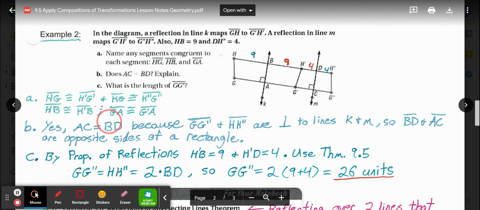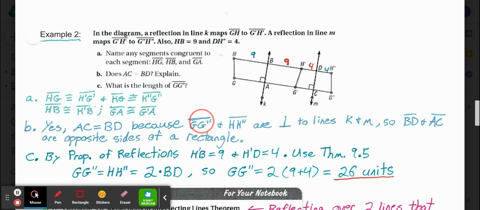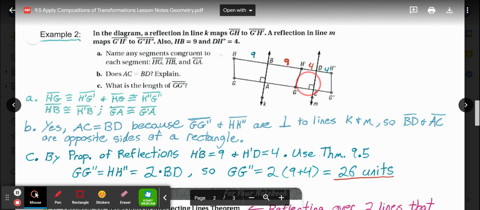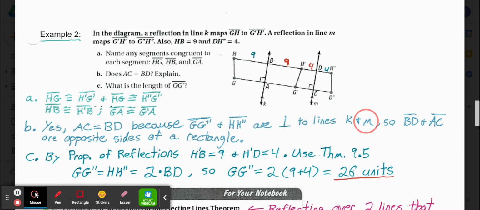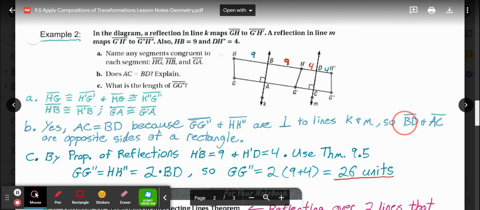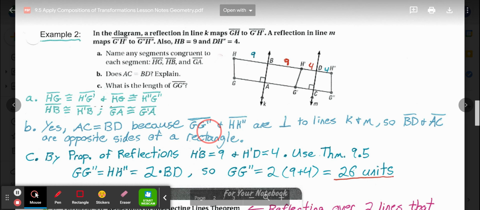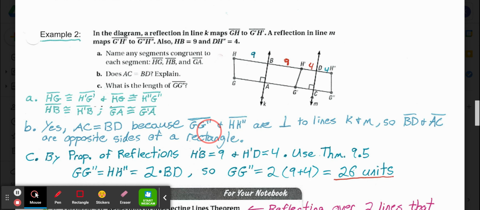That distance of AC equals BD, because we know that segment G to G double prime here, and H to H double prime are perpendicular to lines K and M. So that means segment BD and segment AC are opposite sides of a rectangle. And those opposite sides of a rectangle have to be congruent.